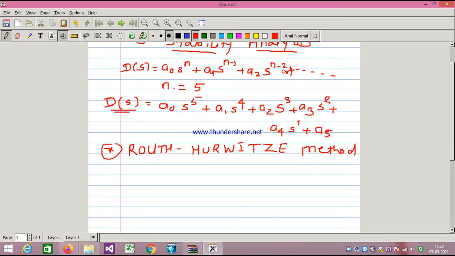So this is the Routh-Horvitz method. How to use that method? See, there is a standard table for the Routh-Horvitz method. That table is like this.